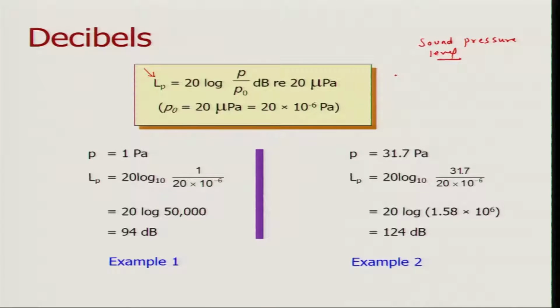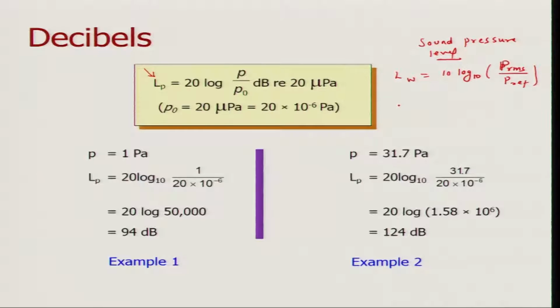For sound power level, which is LW, the definition is 10 log base 10 of P RMS, so it is capital P divided by P reference.